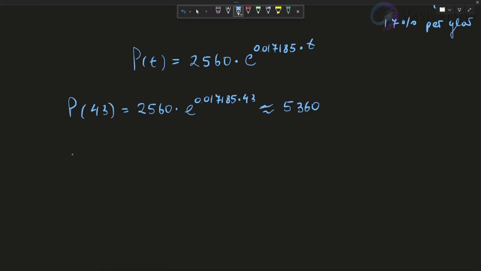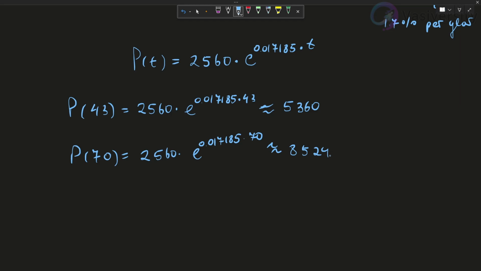And then P70, right? So in 2020, we have 2,560 times e to the 0.017185 times 70, which is about 8.5 billion. So 8,524 million.